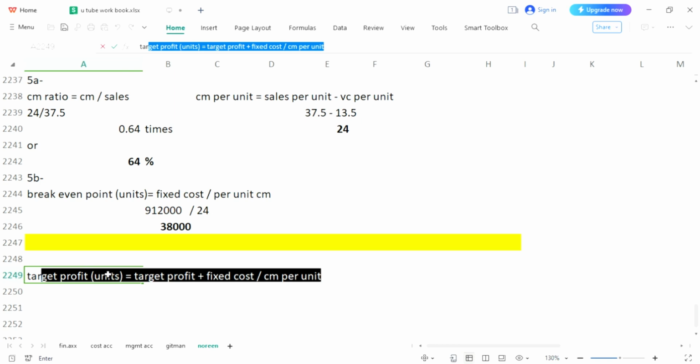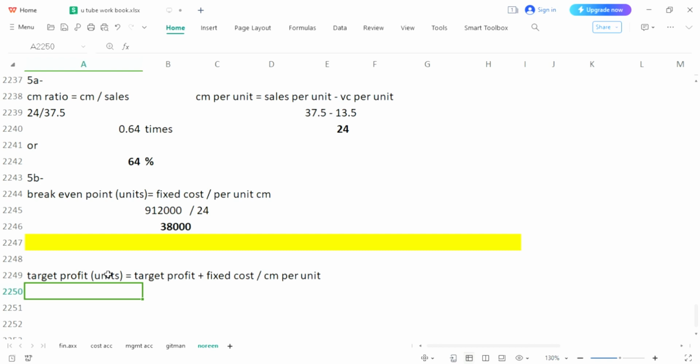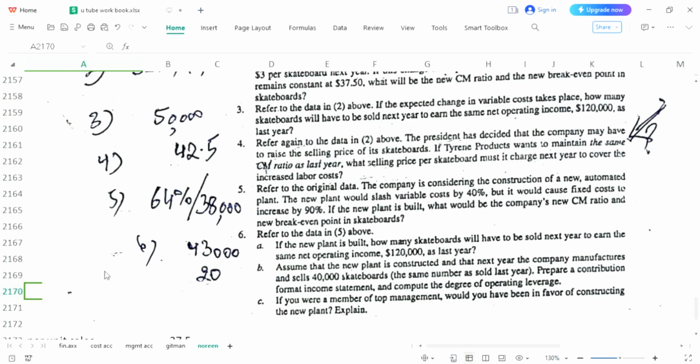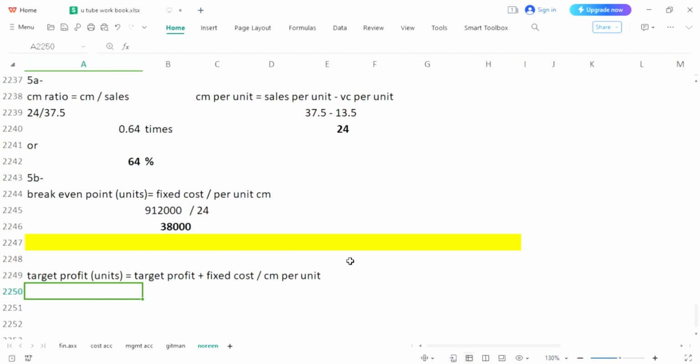For that, target profit plus you will add fixed cost, it would be divided by CM per unit. Our target profit is settled in question, which is 1,20,000. So put 1,20,000 over here, then you need to add fixed cost, and fixed cost is mentioned over here 9,12,000. Put bracket and then divided by CM per unit.